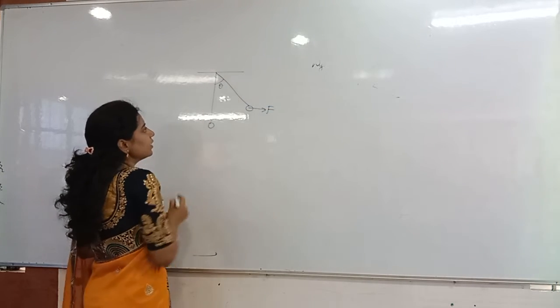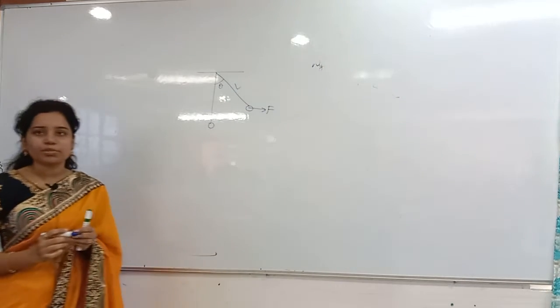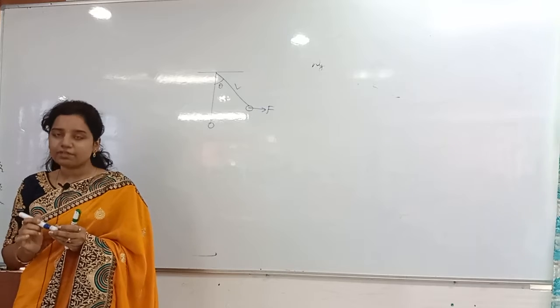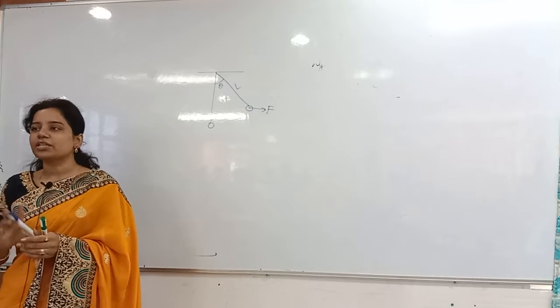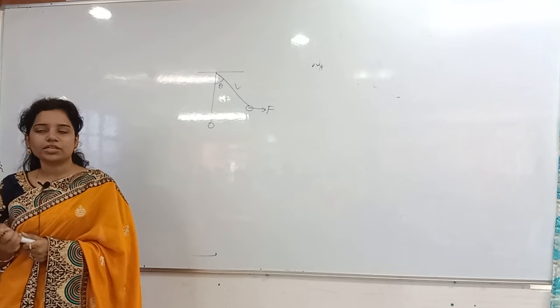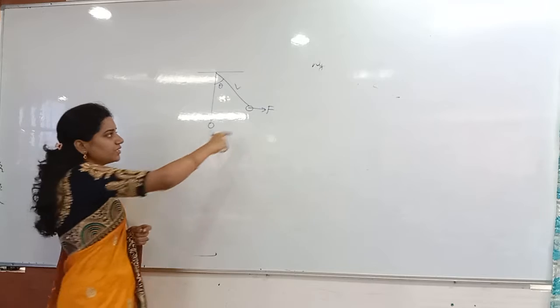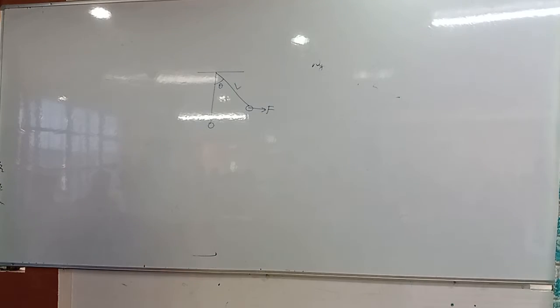Theta is the angle, and the length of the pendulum is L. You have to find the work done by gravity, the work done by the horizontal force, and the work done by the tension. What is the work done by the tension? Zero, it is not causing any displacement. Only the horizontal force is causing the displacement. Try that.